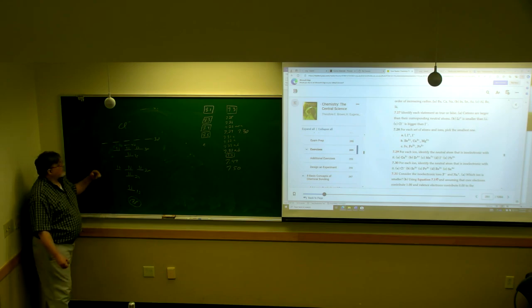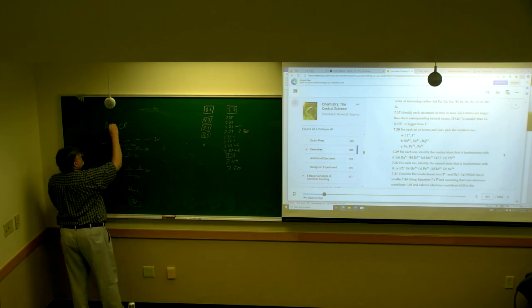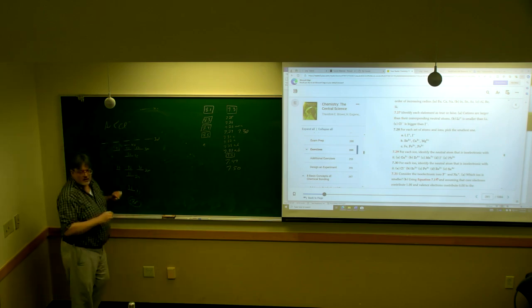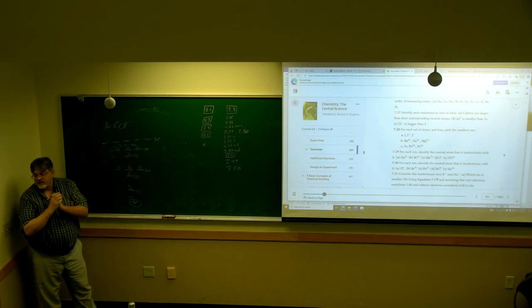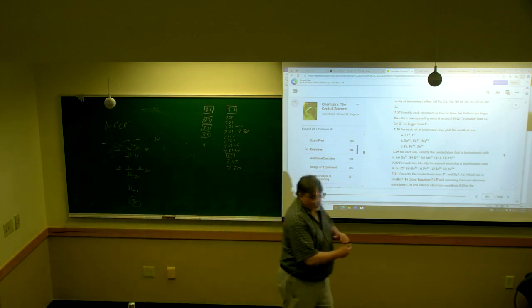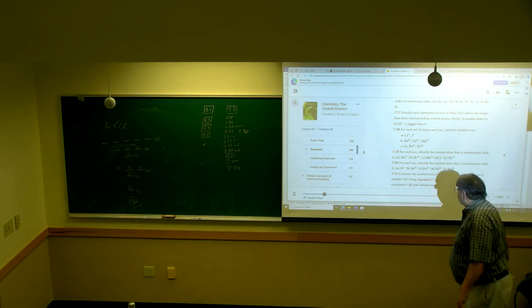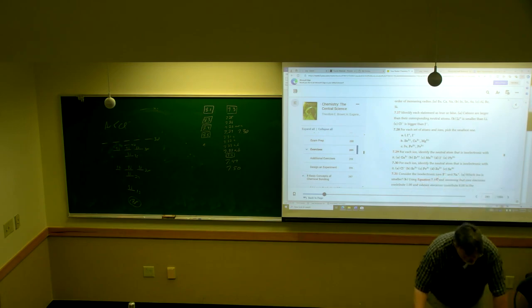So if you're comparing argon and chlorine, argon is smaller than chlorine because of the extra proton in the nucleus. Make sense? All right. So when we compare ions, we want to compare the isoelectronic ions, just so we're comparing apples to apples.